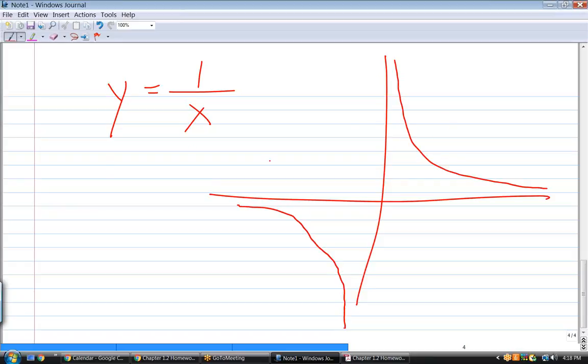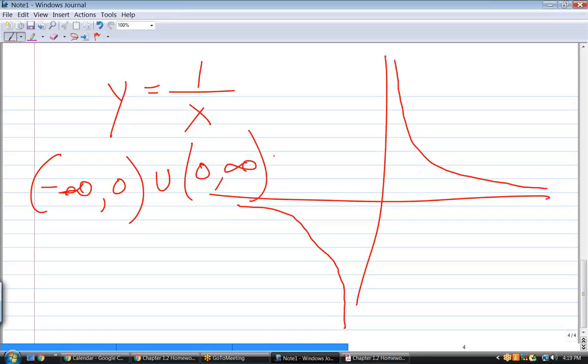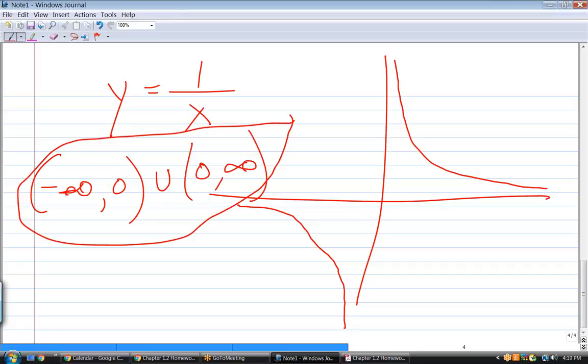Well, the domain on this is -infinity to 0, and it cannot be 0, in combination with 0 to +infinity. So this would be the domain. And I use parentheses because x can never be 0. I cannot divide by 0.